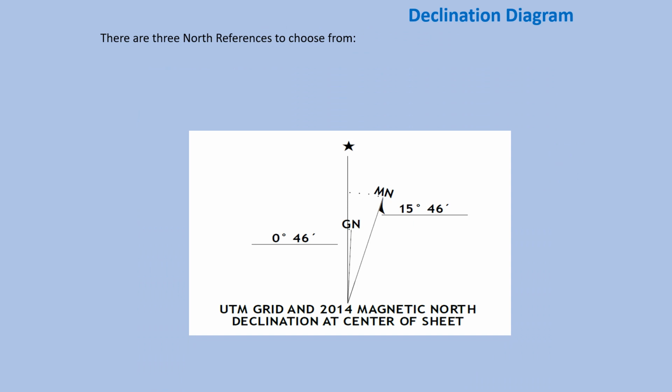The declination diagram on your map may show 3 north references: true north, magnetic north, and grid north. In search and rescue, we will always use true north as the reference, so our directions will always be defined using true azimuth.